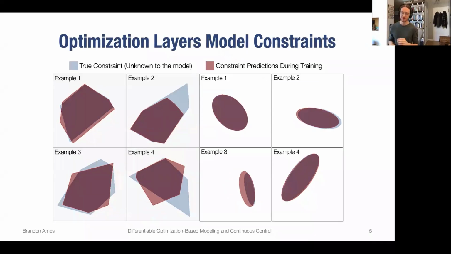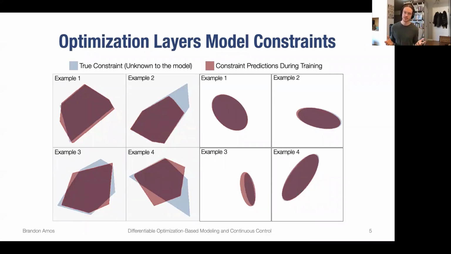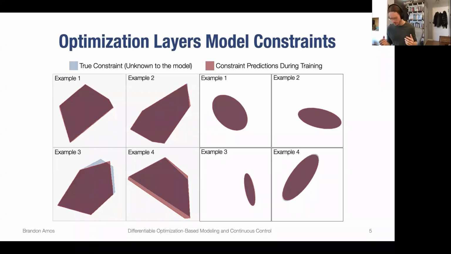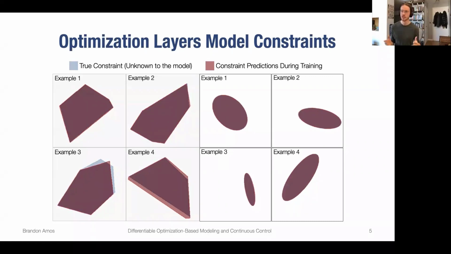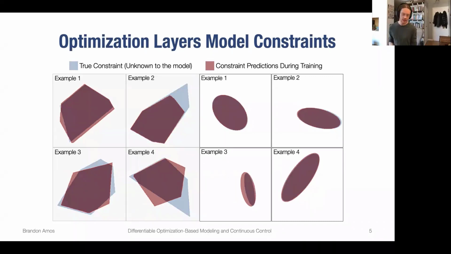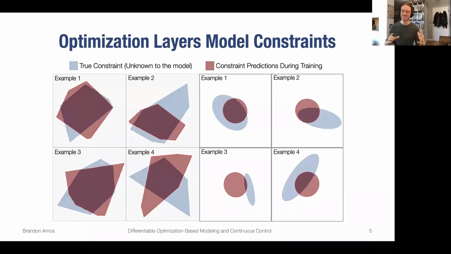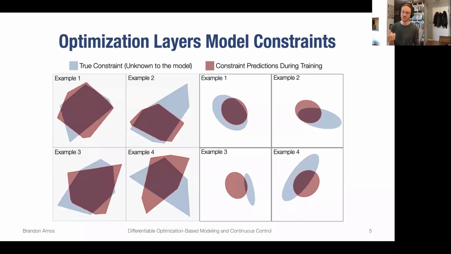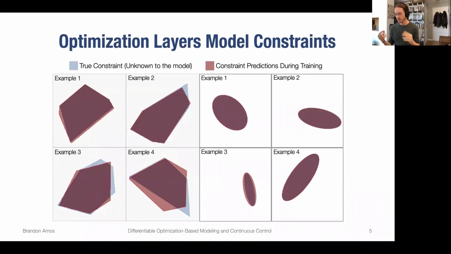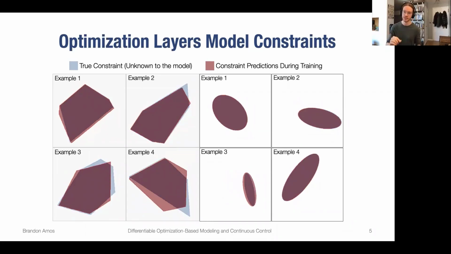So one way of thinking about how you can learn hard constraints in your model is you can imagine your optimization problem has this knowledge of some constraint set or some parameterized constraint set. And this piece could be over some latent part of your data. Maybe you know that your data has some latent hard constraints. Maybe it's some kind of language or visual task or some properties of the world make you think that there is some polytope underlying your data.